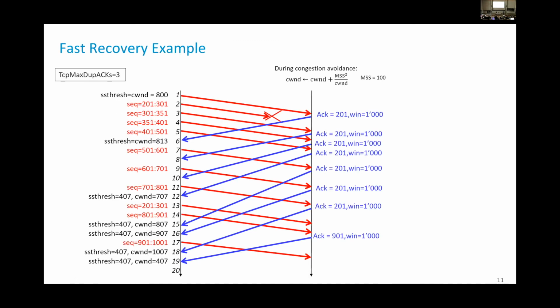Here is an illustration. I have a source on the left, a receiver on the right, and I am sending packets. We see the value of the congestion window is 800. To simplify the story, every packet has size 100. So we can send packets 200 to 800 if we start from scratch here.